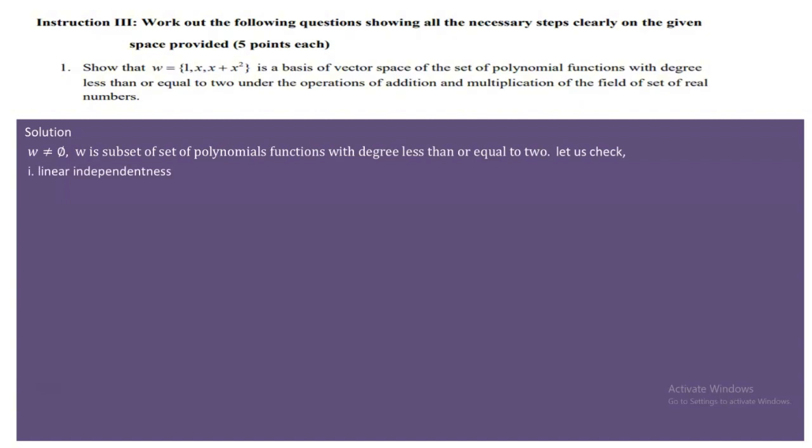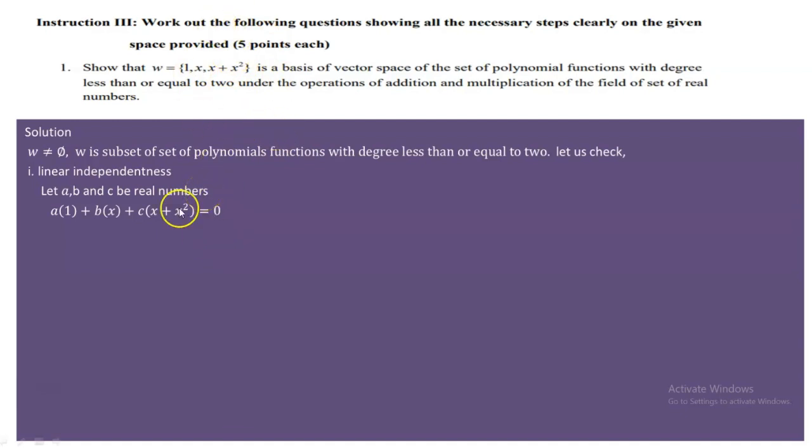So let's now see how these elements are linearly independent. Let's take arbitrary 3 scalar numbers or real numbers a, b, and c. Now let's try to write these functions as a linear combination. So we directly multiply 1 by a, x by b, and x plus x squared by c, and let's equate this with the zero function.